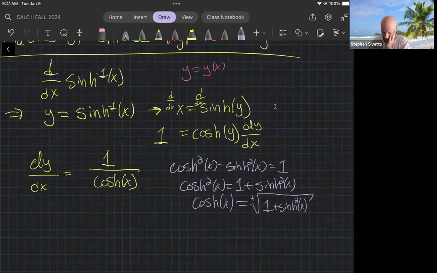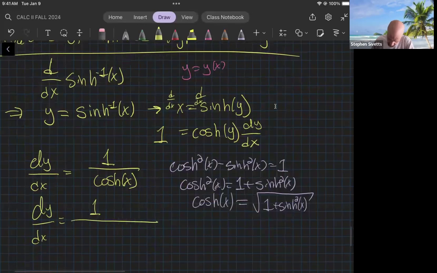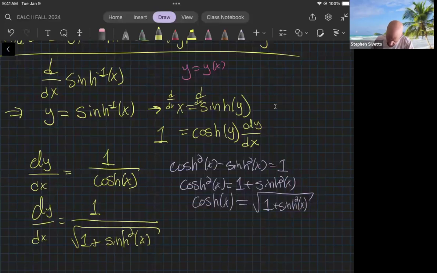As you know, the hyperbolic cosine function is a positive function, right? So we disregard the negative sign. So we can rewrite this quantity now as dy/dx equal to 1 divided by the square root of 1 plus hyperbolic sine squared of y, I meant y here.